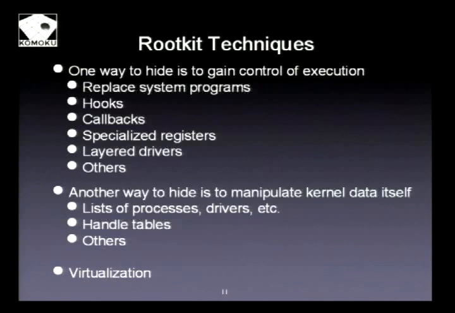With that, if you understand the structures within memory, you can just start changing them at will, and you'll completely disappear from all the higher-level APIs that the operating system would expose to a developer in order to find files or find processes and so forth. I believe there are going to be some talks about virtualization and some rootkits moving into the virtualized world, where they're in the hypervisor and therefore can hide from the untrusted domains and subvert those.